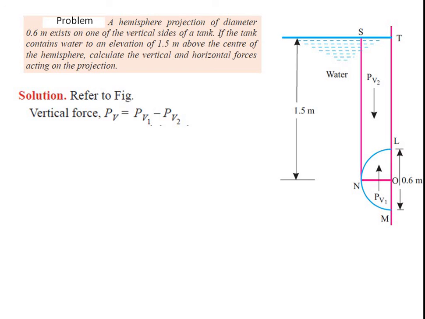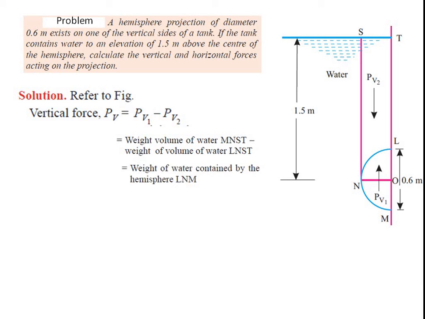So the vertical force PV is equal to PV1 minus PV2. Now here PV1 is the weight of the volume of water MNST minus the weight of the volume of water LNST, that is initially requested when subtracting. So the weight of water displaced by the hemispherical element is W into 1 by 2 into 4 by 3 pi r cube.